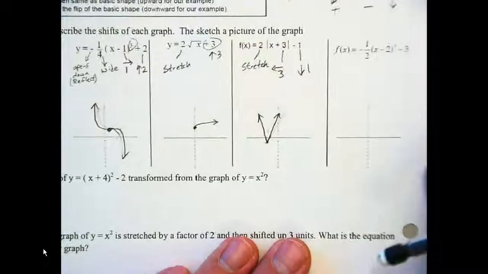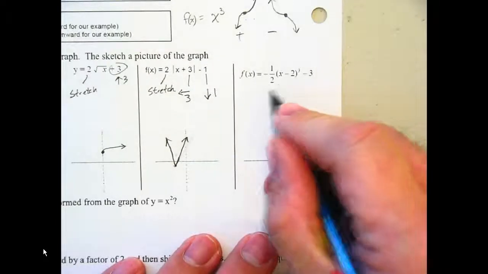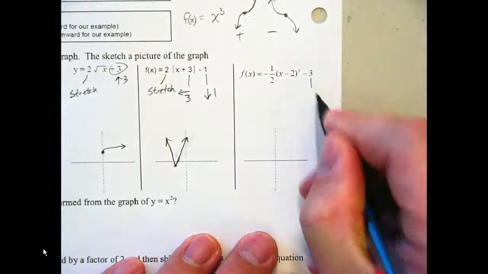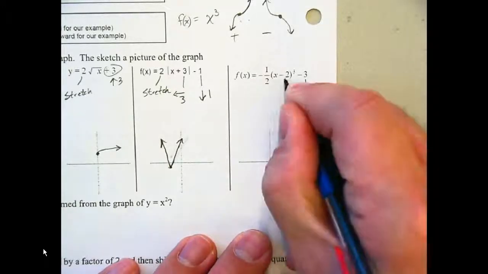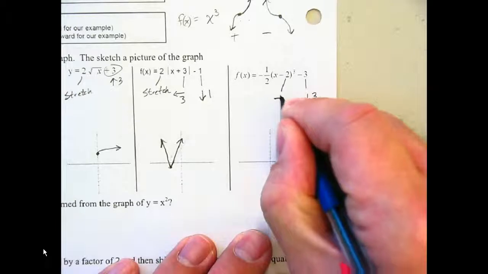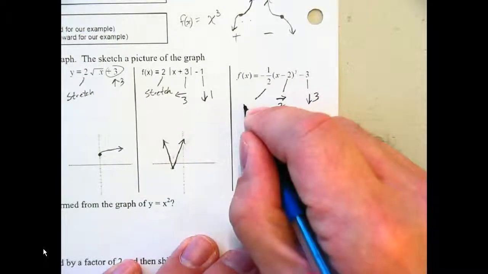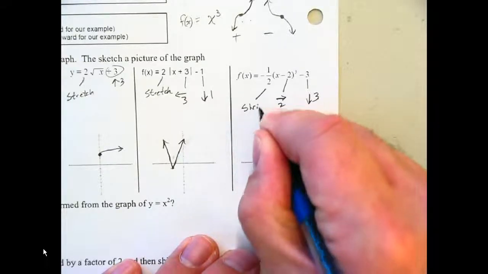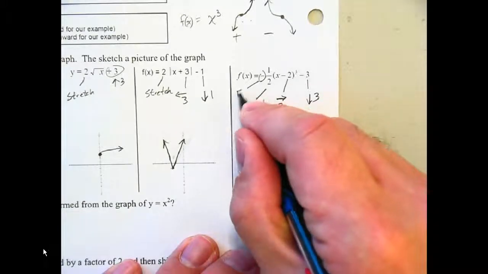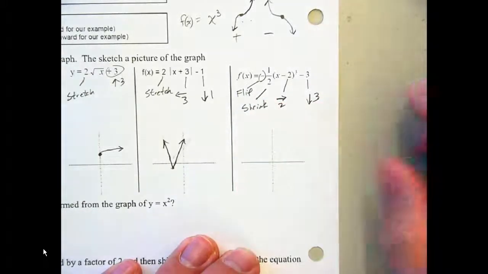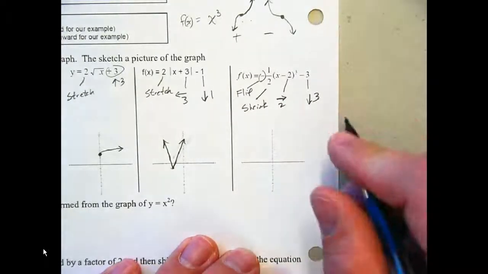Okay, last one. This right here. Down 3 here. Right 2 here. Shrink or compress, and this, we could flip it, okay? Or opens down, or is a reflection.